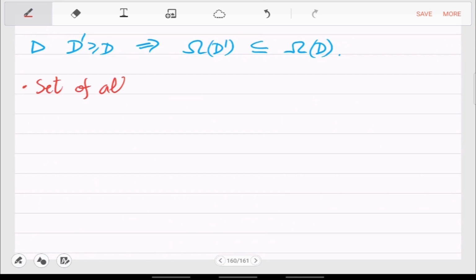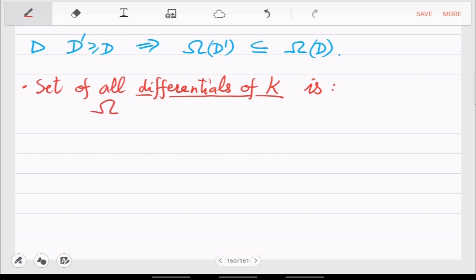So the set of all differentials of K is denoted by just omega, and if you want we can put the subscript here, big K mod small k, which is the union of all these.